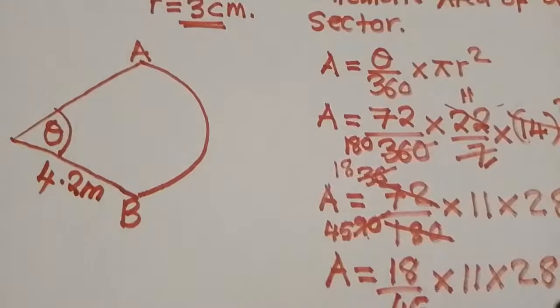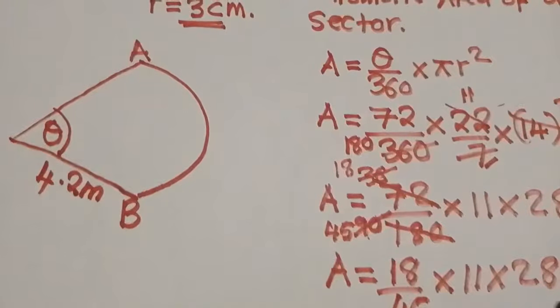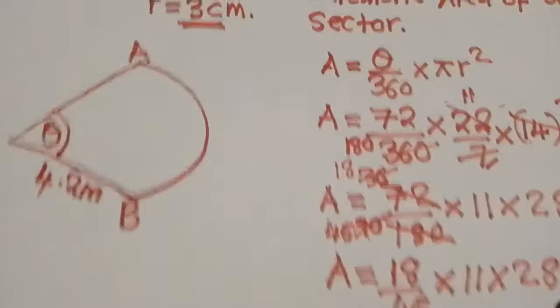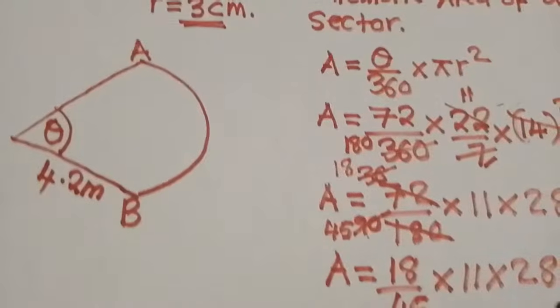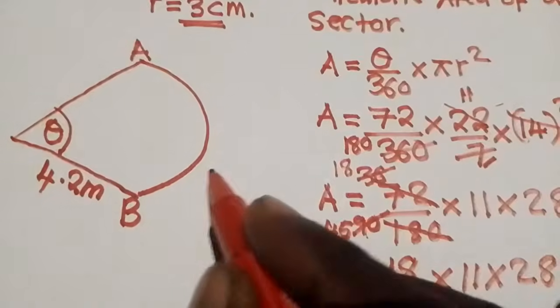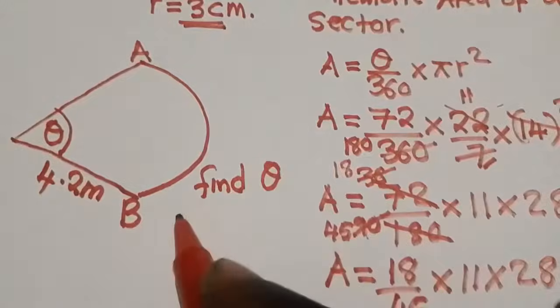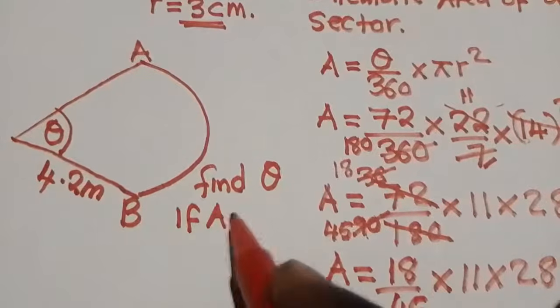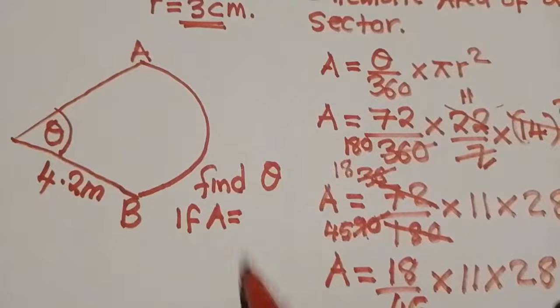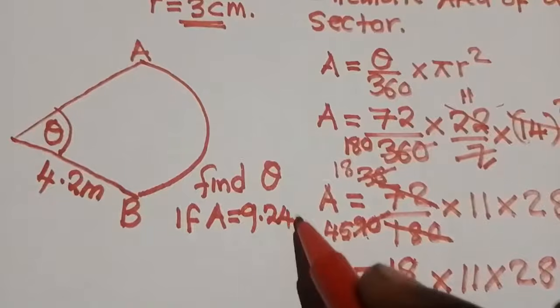Then the question is saying, we want to find what? The question is saying, find theta, if the area is equal to 9.24 meters squared.